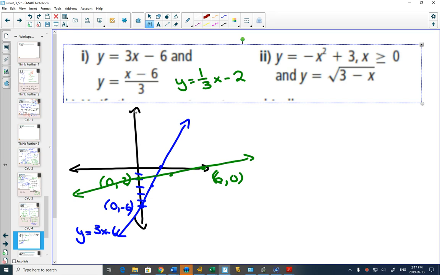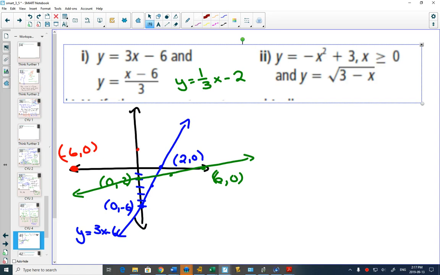How can I tell graphically that these aren't an inverse? Well, if I had 0, negative 6 on my blue graph, on my inverse graph, I should have had negative 6, 0. Is that point on my green graph? No. Similarly, another point I have on my blue graph is 2, 0.